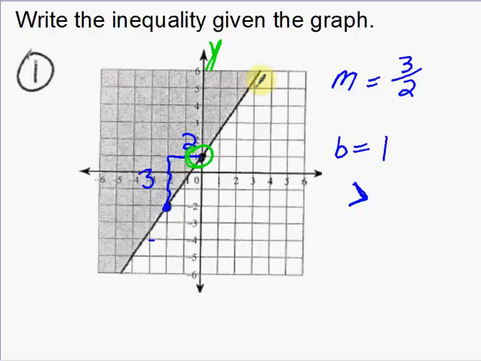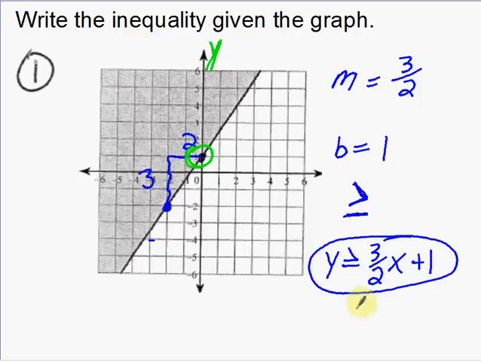And then I look and see if my line is solid or dotted, and it's solid, so that tells me that it needs to be equal to. Okay, so I go ahead and write my inequality. I'm going to write y is greater than or equal to, I'm getting it from right here, my slope, followed by the letter x always, and then plus, since it's positive, 1. That's my y-intercept. And that's my inequality.